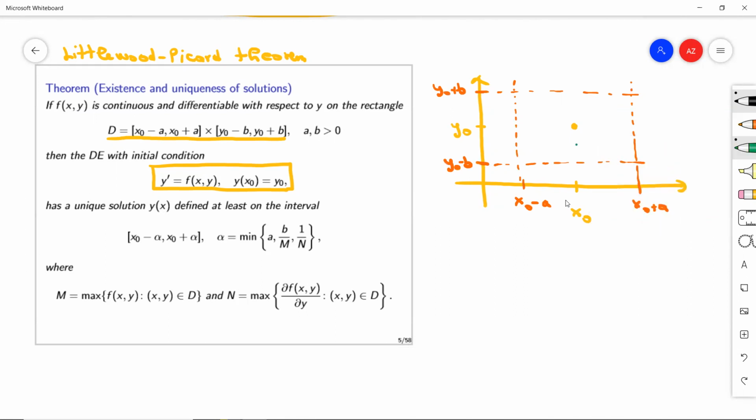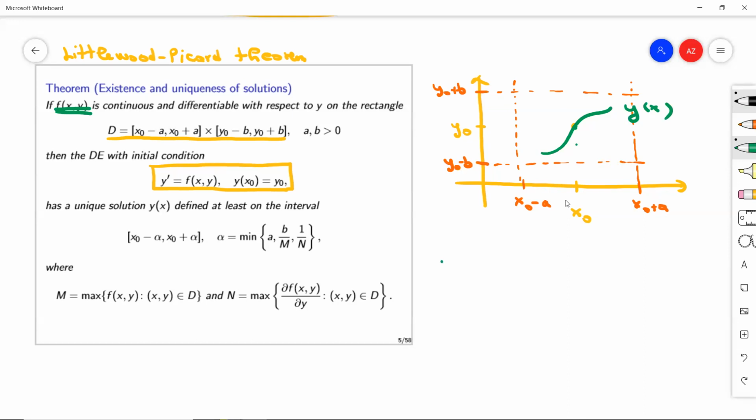So what are we searching for? We're searching for a continuous function passing through the point x naught, y naught, and this function y should satisfy our differential equation. So what can we say given our function f? We know that the function f is continuous and differentiable with respect to the second variable, with respect to y, on this rectangle.